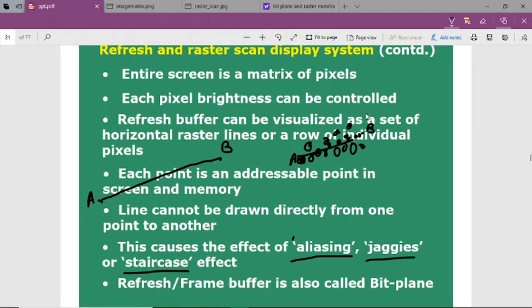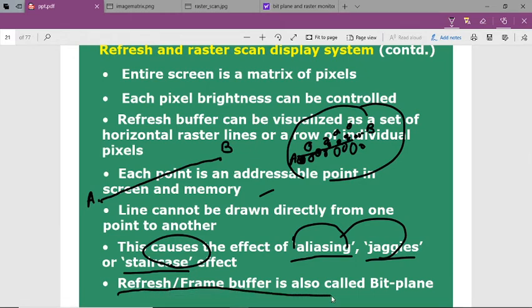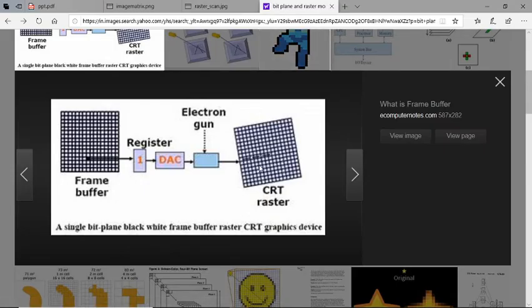In the raster scan display, there are certain new problems that arise, which are called aliasing, jaggies or staircase. All these are the same terms. An important point: the refresh frame buffer is also called a bit plane. As I said earlier, it's also called a bit plane. Which pixel on the screen should be on, and by how much intensity, where is it defined?